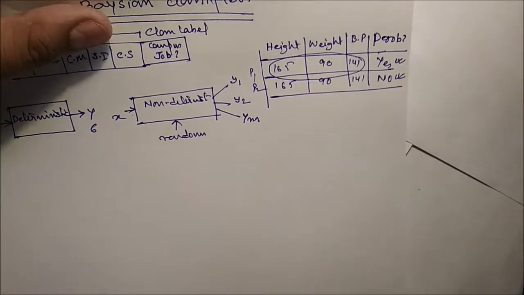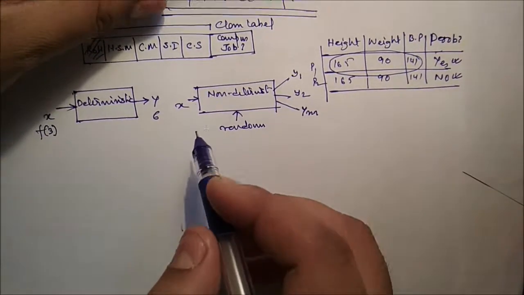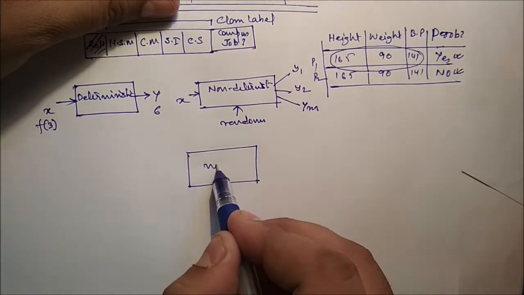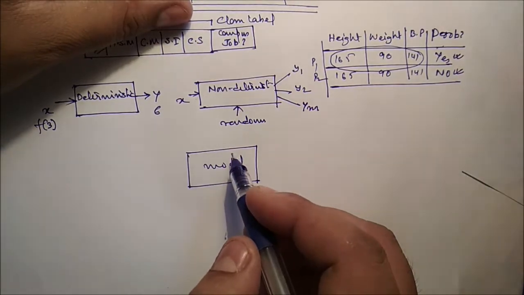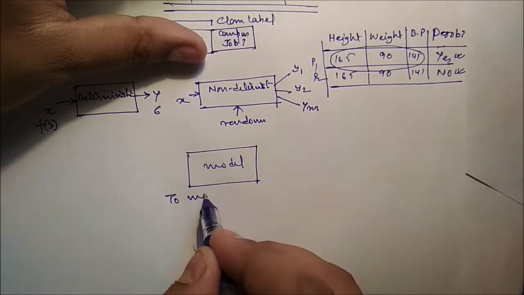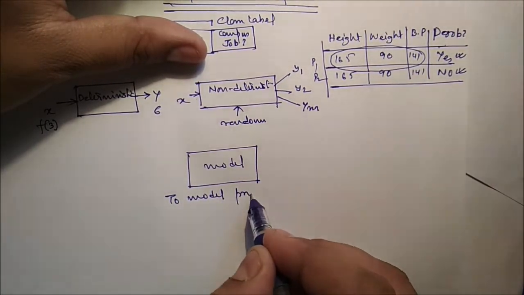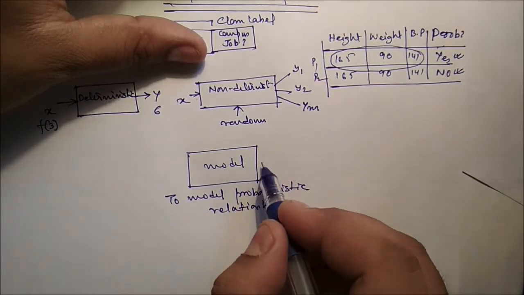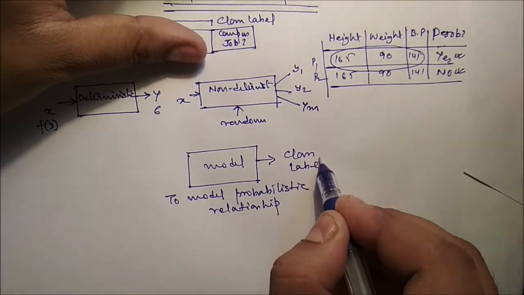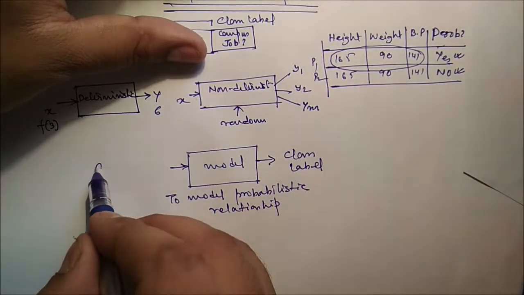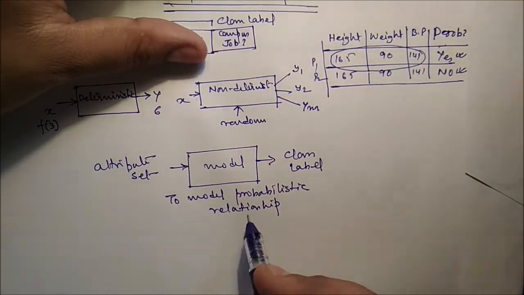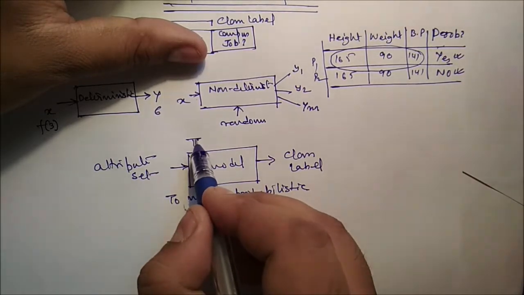Now the main objective of Bayesian classifiers is to identify a model, using a probabilistic relationship, to know the class label for the given attribute set.